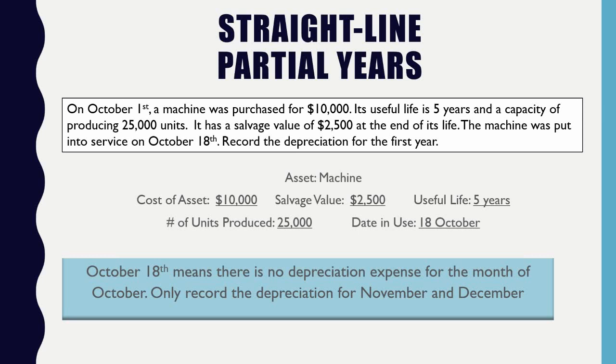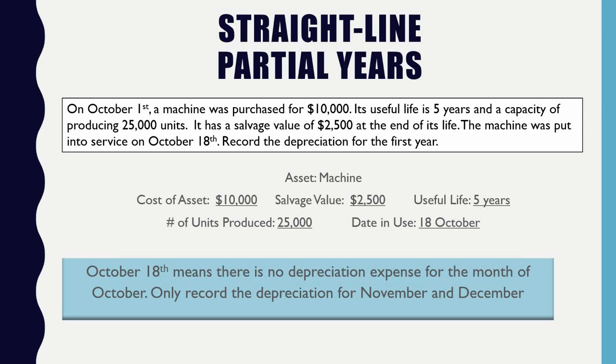Okay, so in this case, as I said, it's very time sensitive. We got a machine, we place it in service on October 18th. So what does that tell us? It's partial, it's only been in service for a few months. Good, that's correct, right? So we only need to record for the month of November and December, because it falls after the 16th, right?